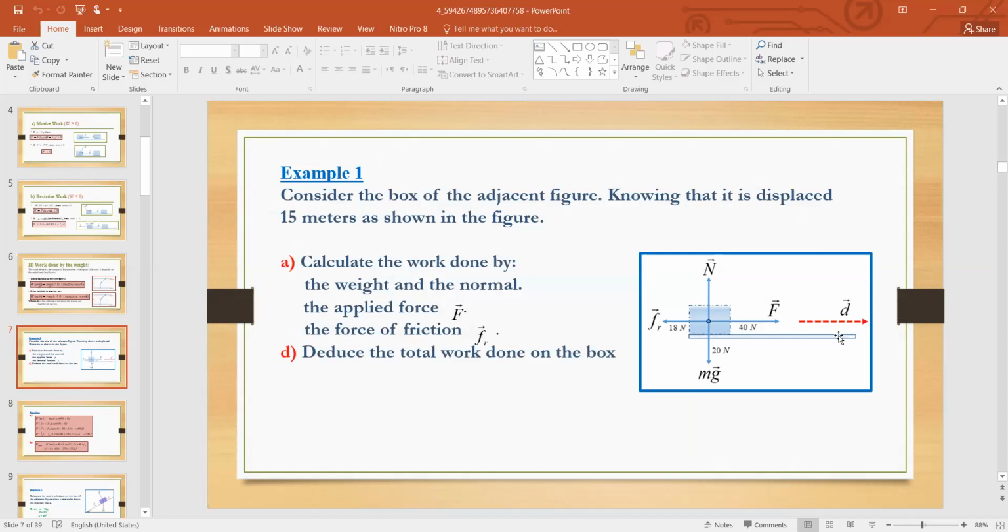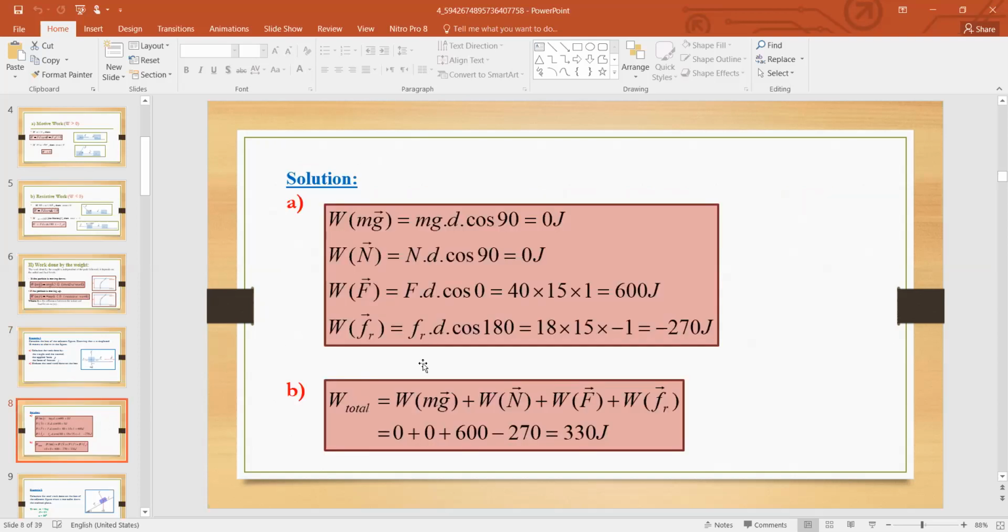The angle between them is 180, and cosine 180 is minus 1. So we get work done by friction is Fr d cosine 180, which is minus 270 joule. It is resistive. What is the total work? The total work is the sum of all these works.